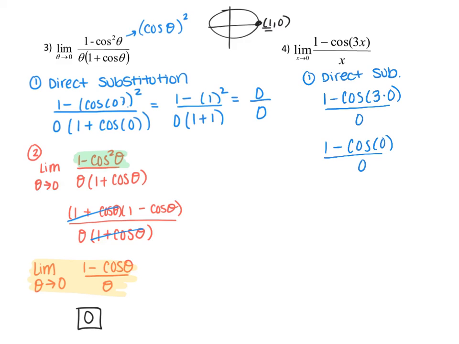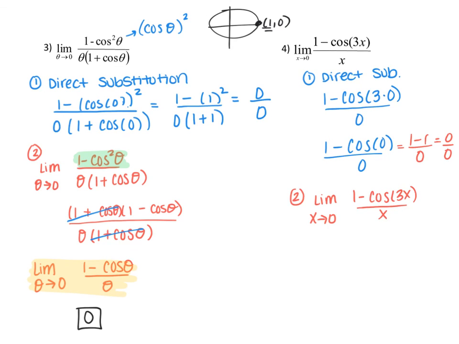And from before, we know that cosine of 0 is 1. So it's 1 minus 1 over 0, which is in fact my 0 over 0. So now we need to use some rules. So as step 2, I'm going to rewrite this. So we have the limit as x approaches 0 of (1 minus cos 3x) over x.